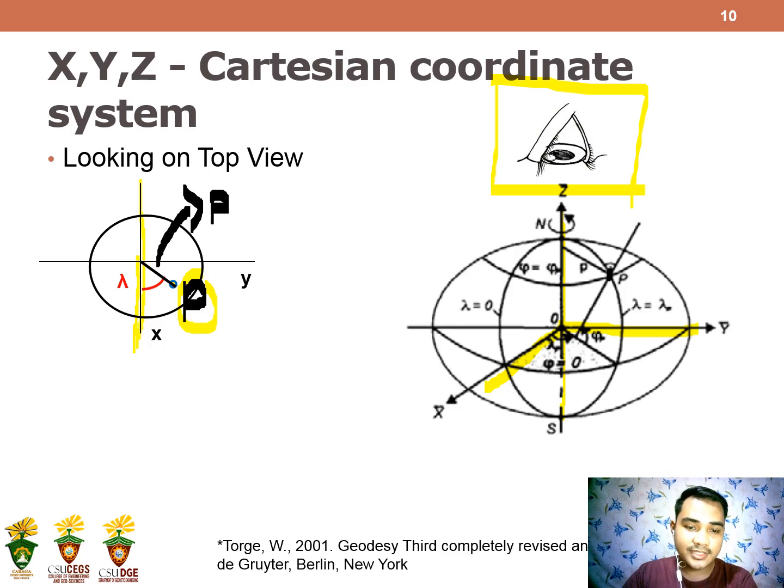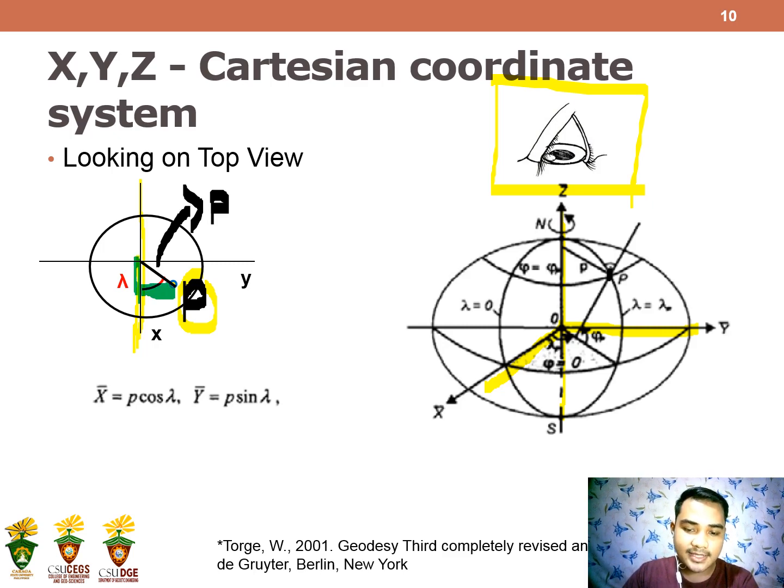So if it is longitude, if we are going to get the x-axis of point P, it is this, and the y-axis is this. Sorry, it is crooked. Okay, so this is the x-axis, this is the y-axis.